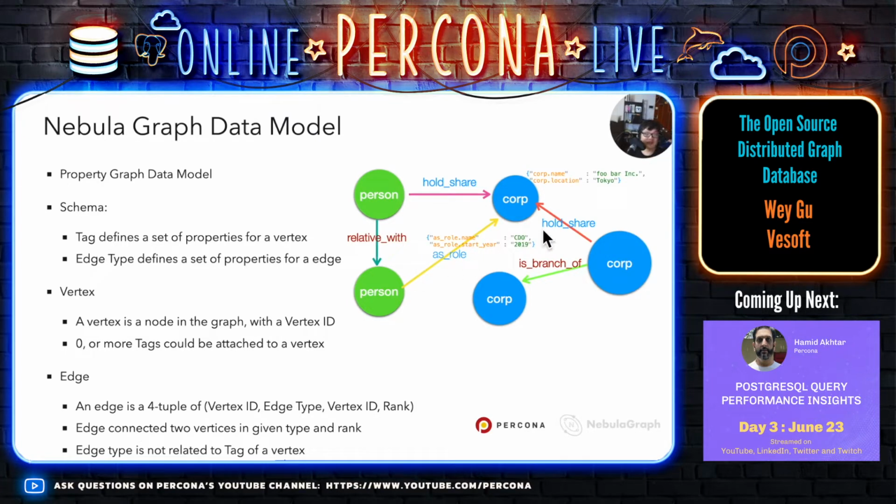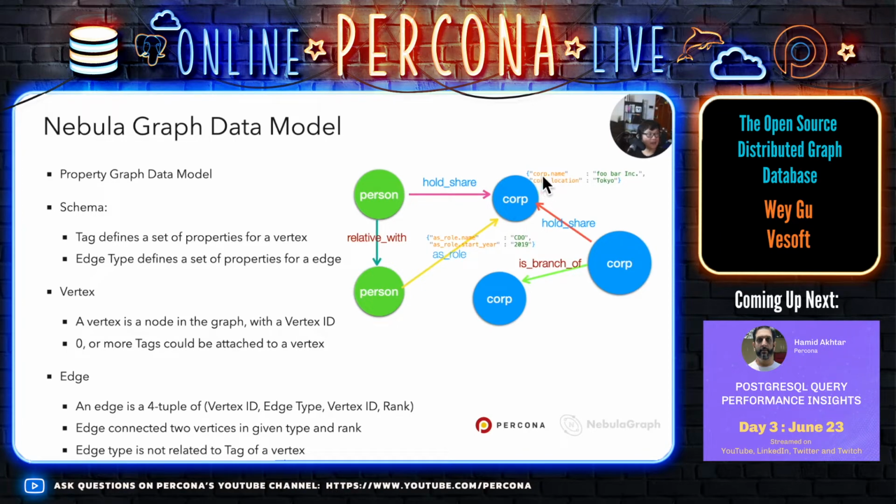For example, in this graph, we have a corporation type of node or vertex, and inside the vertex, we want to put more information. It's proven that the property graph model is quite straightforward and useful. So we define a schema of this type of node with the name and location.